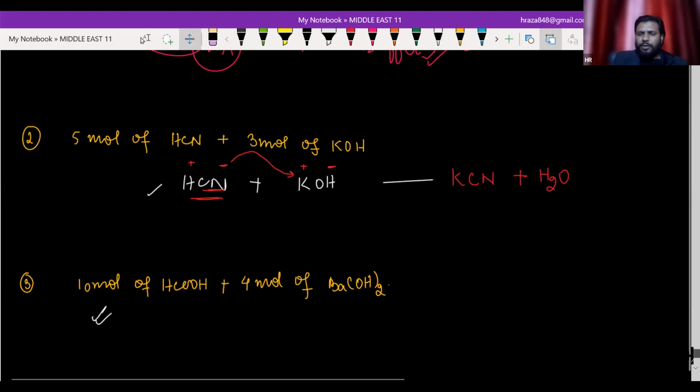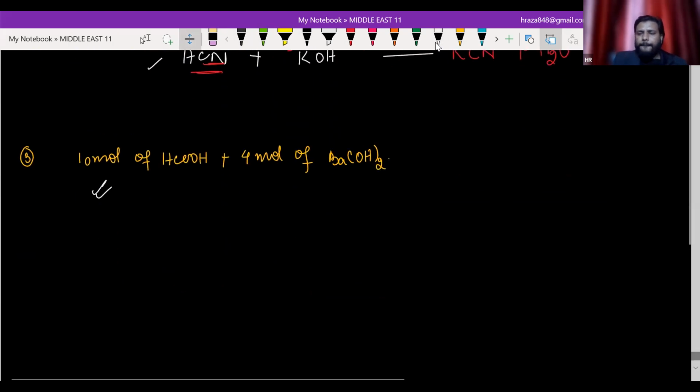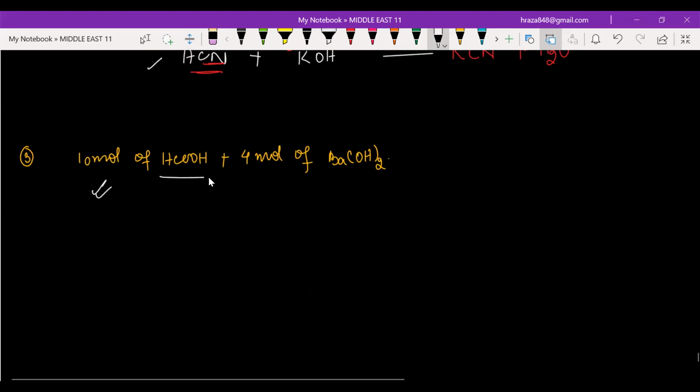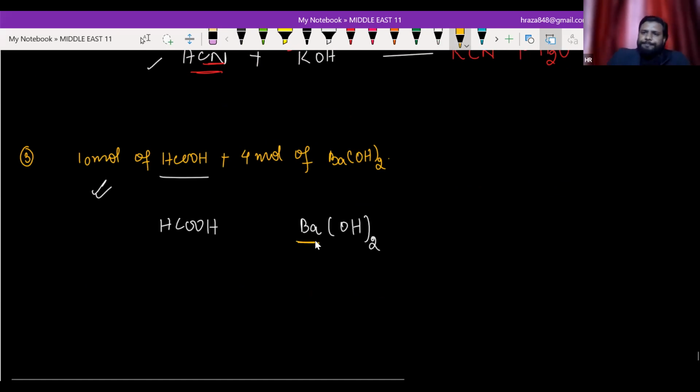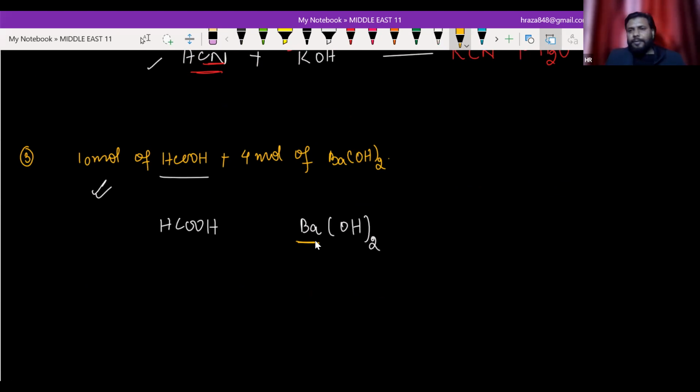Fawaz, is there any doubt in question number two? No, sir. Okay, now if you are going to write this equation, just see Ba(OH) whole twice. Do you know what Ba is? Barium. Now see, OH has negative charge, and if there are 2 OH, the total charge on OH is minus 2. I am talking about total charge.